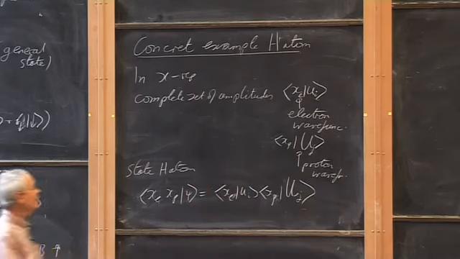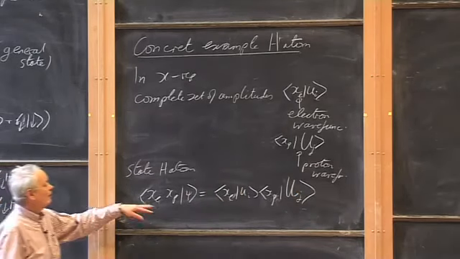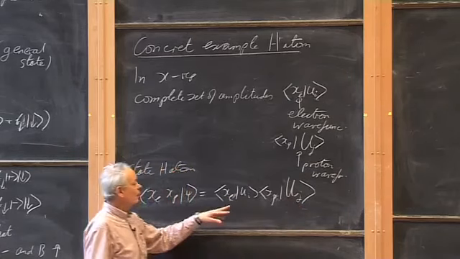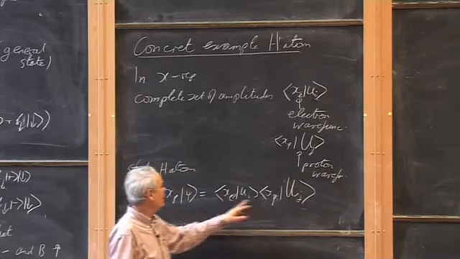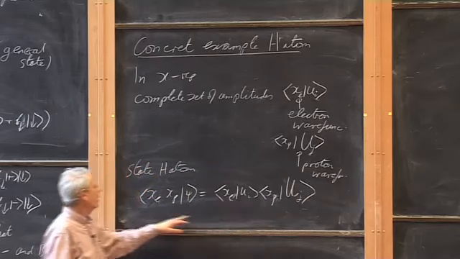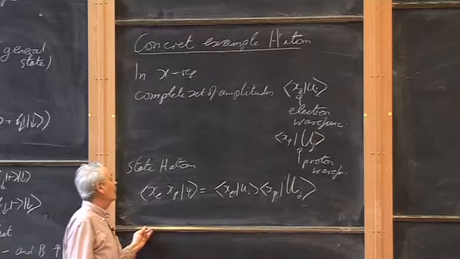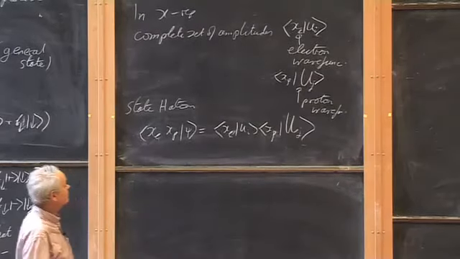So what is this? This is a state of the hydrogen atom in which the proton has this energy, the electron has this energy, and that gives me a state of the logically coupled pair of proton and electron.